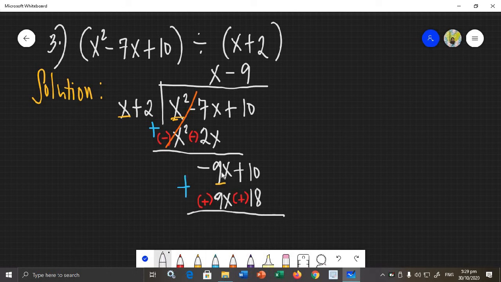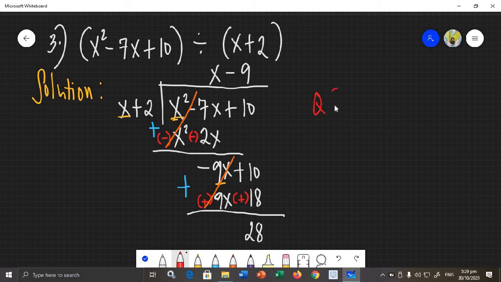So now let's add negative 9x plus 9x. This will be 0. Okay, 0 na yan. And then 10 plus 18, pareho silang positive, no? 10 plus 18, the answer is 28. So therefore, this will be your remainder.